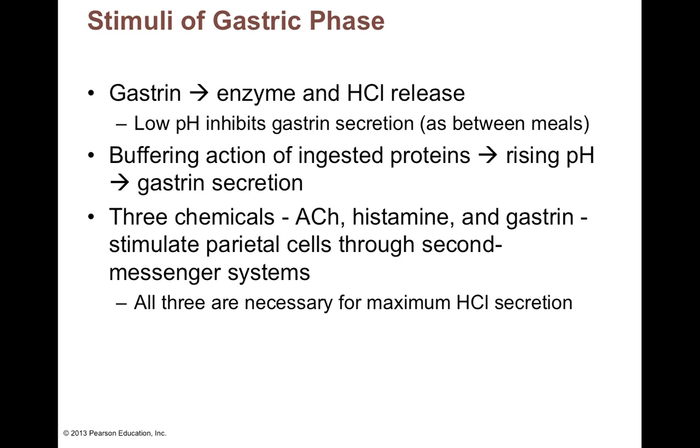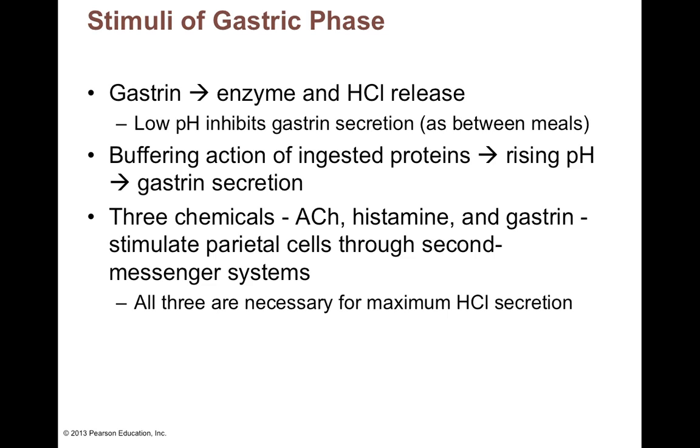So if y'all remember, the gastric phase was stimulated by, for one, gastrin. Remember, gastrin was stimulated by vagus nerve stimulation on your stomach. Now what gastrin does is it actually acts on the parietal cells to release more hydrochloric acid, as well as the chief cells to release more pepsinogen, and ultimately just make more gastric juice, right?